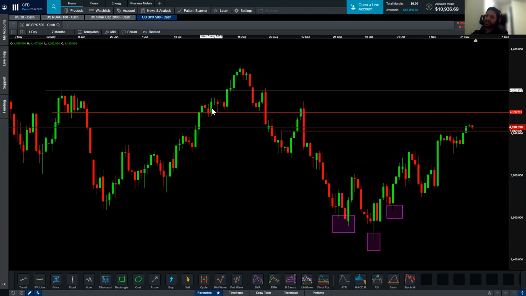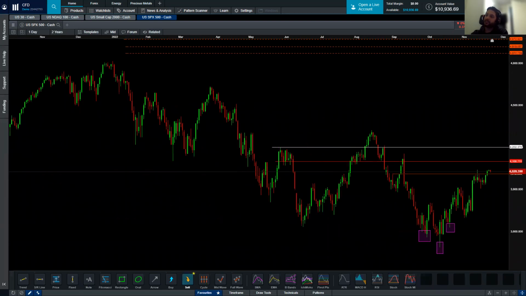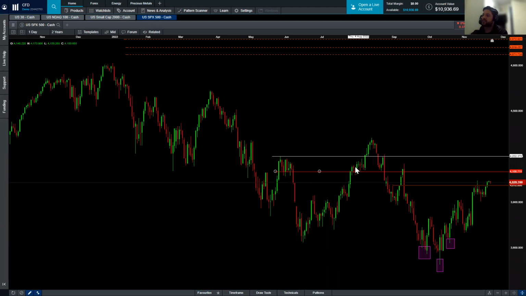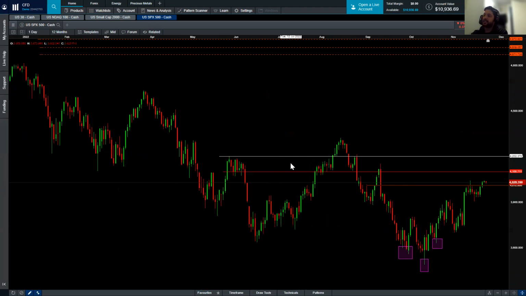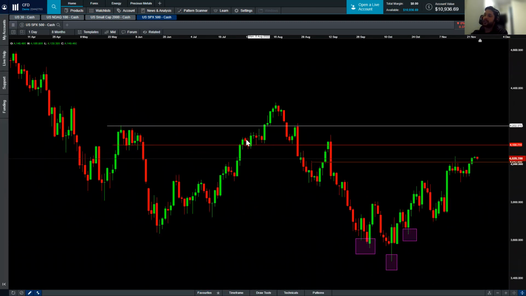So when the market gets there, consolidates here, it creates another base to the upside. That's why I'm saying if you see consolidation, it means institutions are getting involved in this area because they are beating the sell orders.